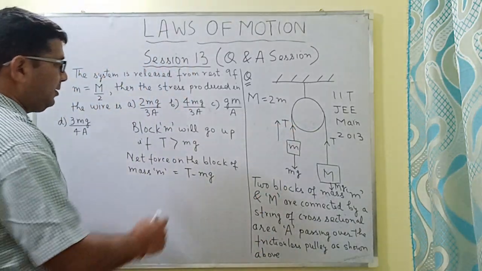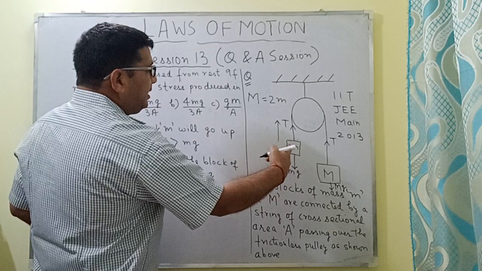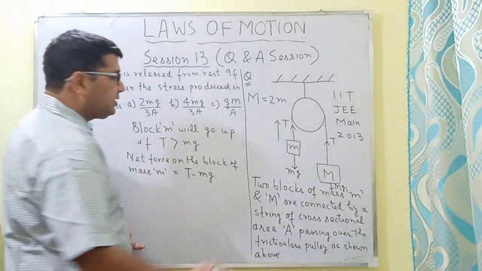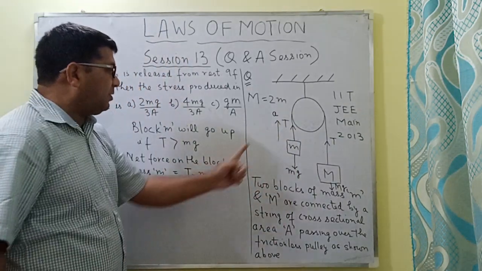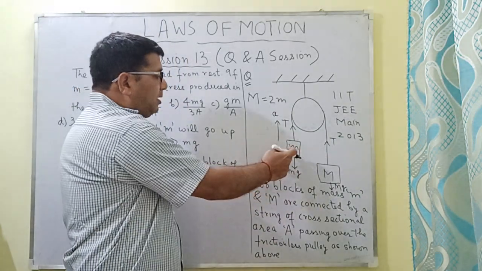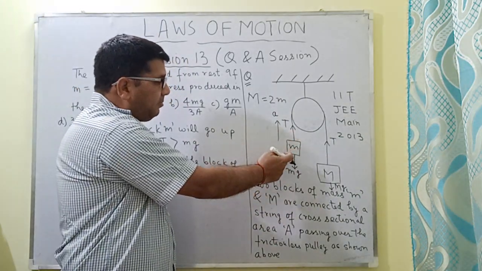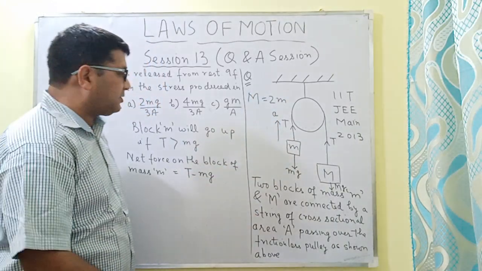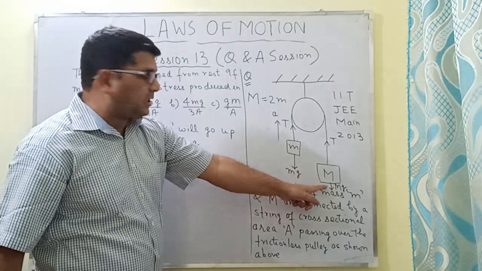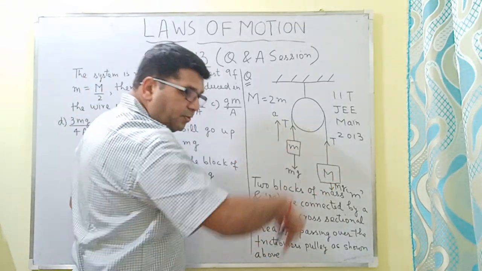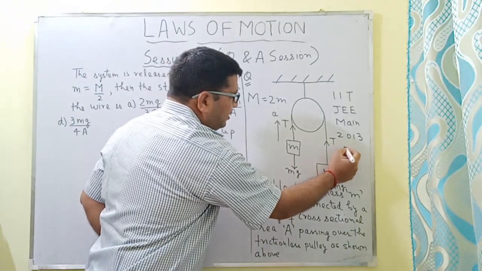So now let us say the acceleration of this system is a, that is, this block of mass m is moving in the upward direction with an acceleration a. So the block of mass capital M will be moving downward with the same acceleration.